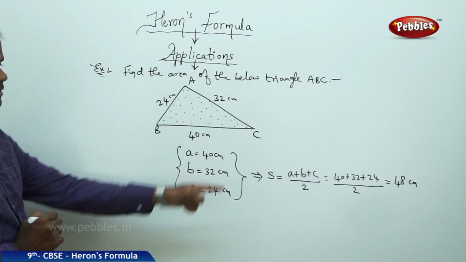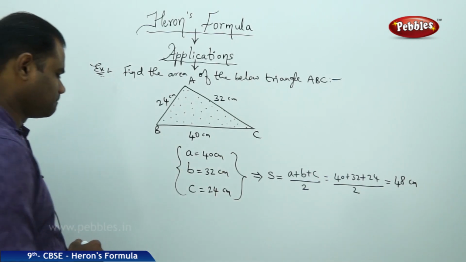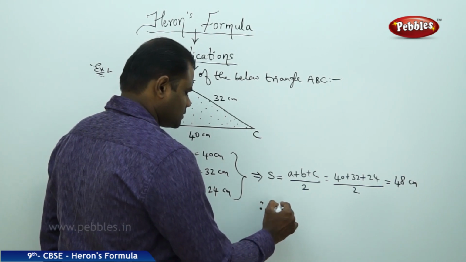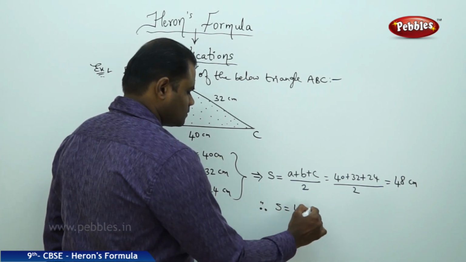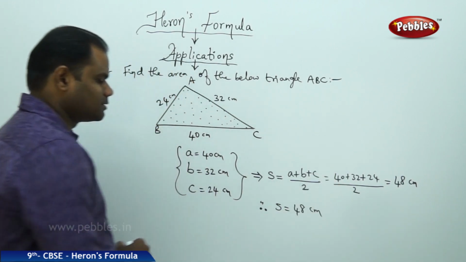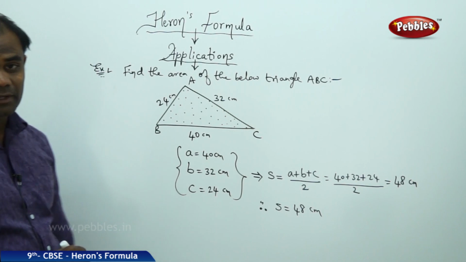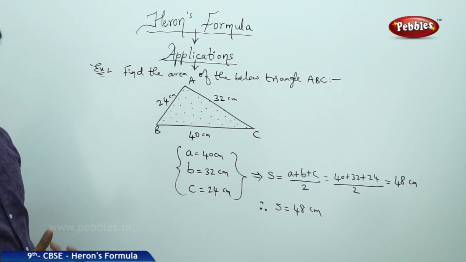Therefore, S equals 48 centimeters. So using A, B, C and S, I can find the area of triangle using Heron's formula.